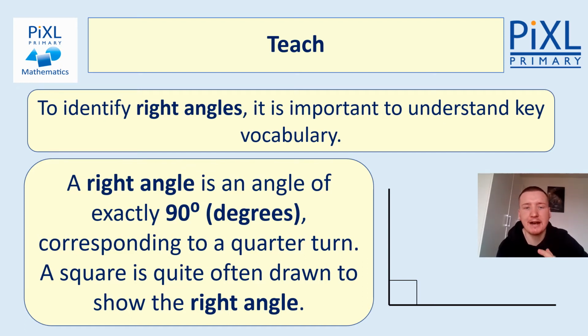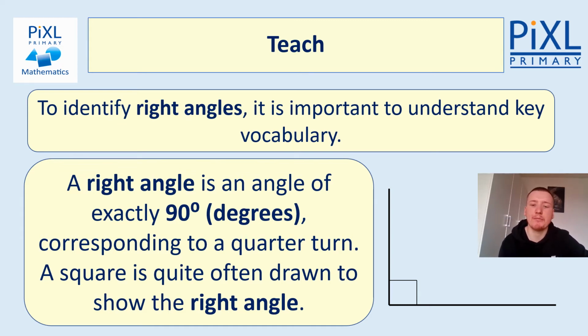So if you stand up now and turn a quarter turn clockwise, that is you moving an angle of 90 degrees. Okay? But also to help us when we come back to school, we will be identifying right angles by drawing a perfect square with a ruler.